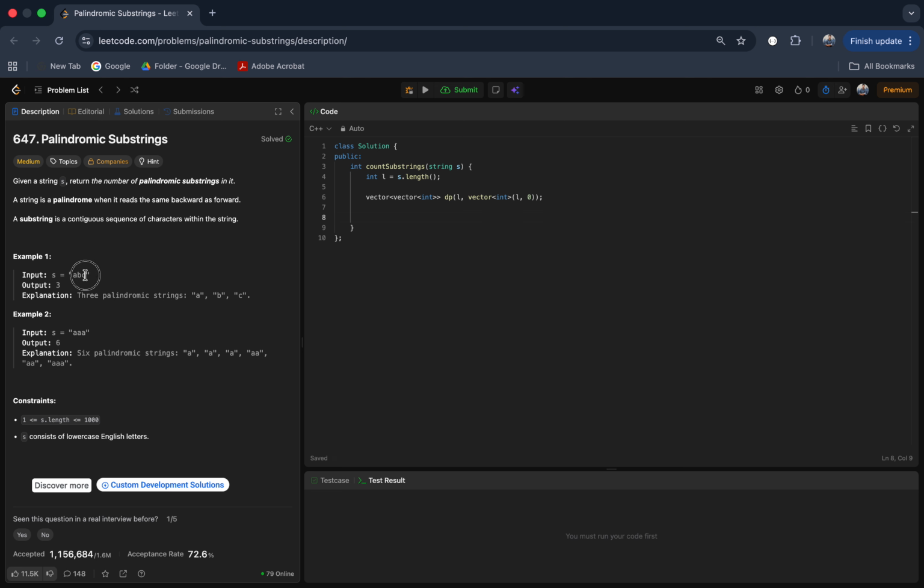Then I will consider only 2 digits, then the third digit, then like that I will go to the n digit, the length of the string. So 0 to length of the string. My initial condition will be L equals 0 part, which is only a single character, which we know is a palindrome. After that we can consider double characters, then triple characters, and if there are more characters, we can consider those.